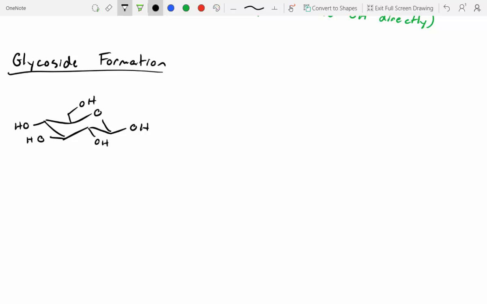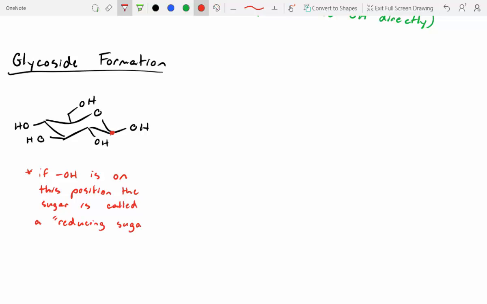And anytime you have an alcohol coming off of this anomeric carbon, so this red carbon right here, it's called a reducing sugar. So let's make a note of this. If you've got an alcohol coming off that anomeric carbon, the sugar is referred to as a reducing sugar.